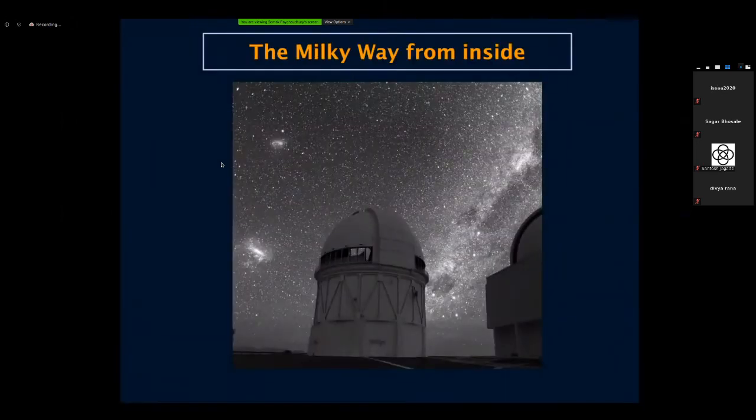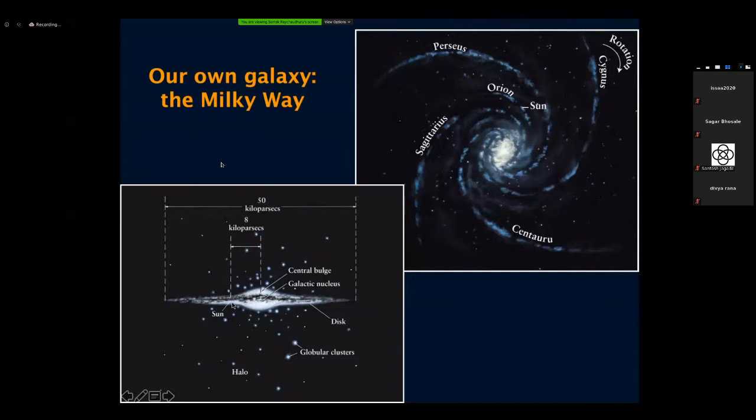Where I stopped yesterday was when I started telling you about how we see the stars. What we do is we see the sky through the screen of stars that surround us from the galaxy. So we look in this direction, and we look in this direction, and we see stars, and then beyond that are the galaxies.